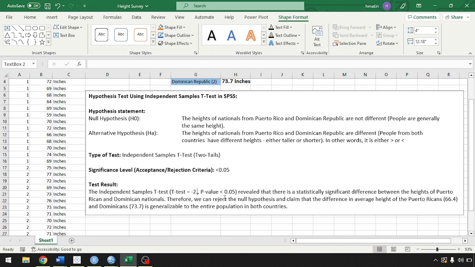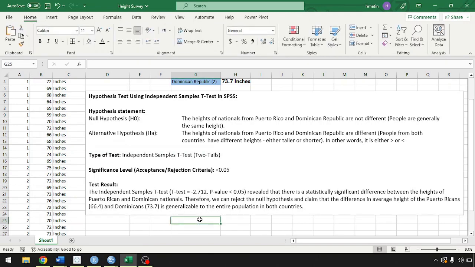Minus 2.712, p-value below 0.05, revealed that there is a statistically significant difference between the heights of Puerto Ricans and Dominican nationals. Therefore, we can reject the null hypothesis and claim that the difference in the average height of the Puerto Ricans, 66.4, and Dominicans, 73.7, is generalizable to the entire population in both countries.